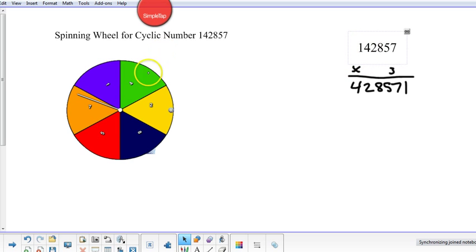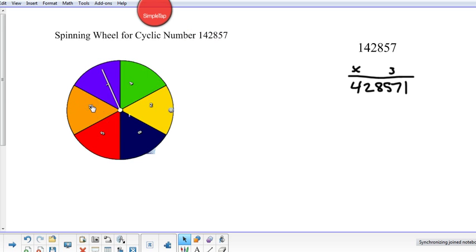It would be, if you look over at the wheel, if you started the number with green, 428,571. If you multiply the number, and I'm going to spin the wheel here because this seems like fun. All right, this is the cyclic number 142857 times 1. It's 142857.